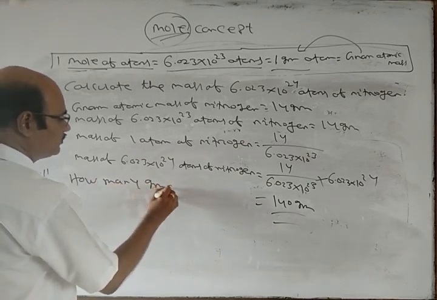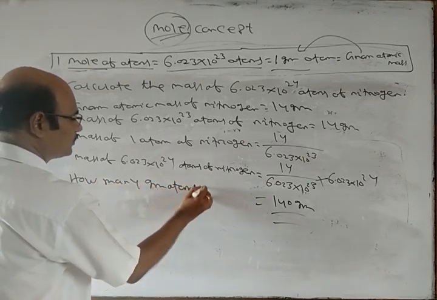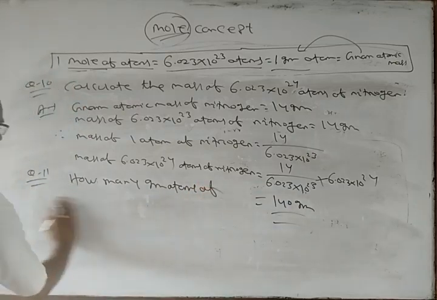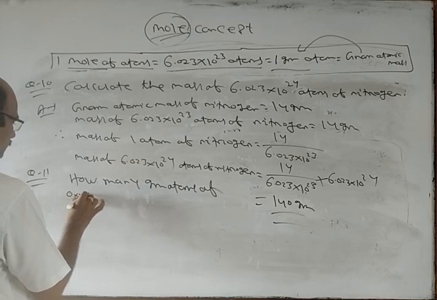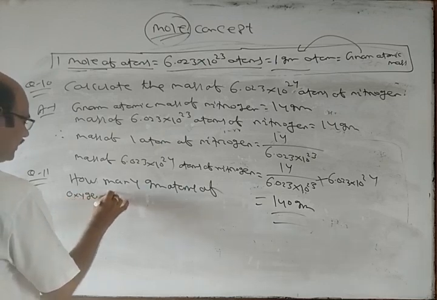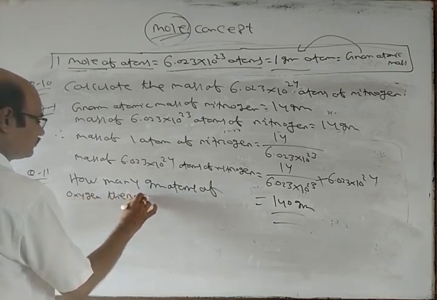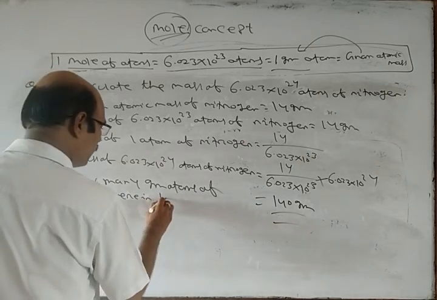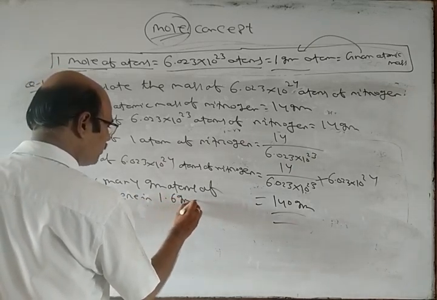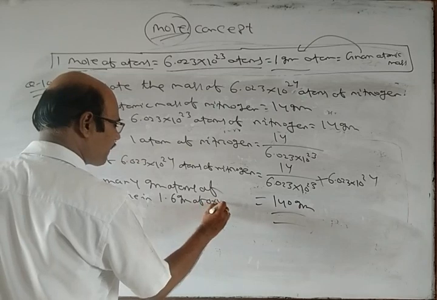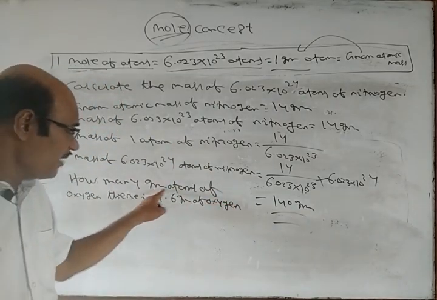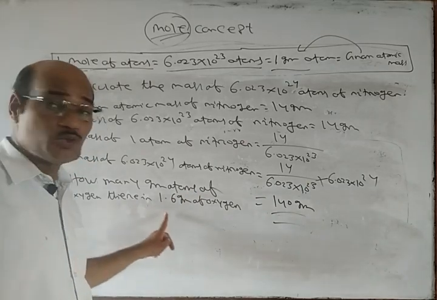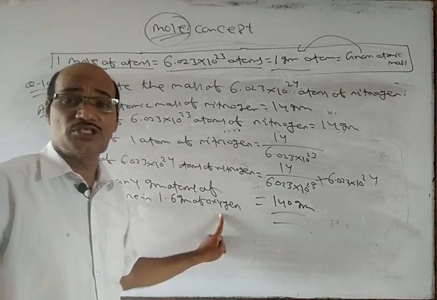How many gram atoms of oxygen are there in 1.6 gram of oxygen? How many gram atoms of oxygen are there in 1.6 gram of oxygen?